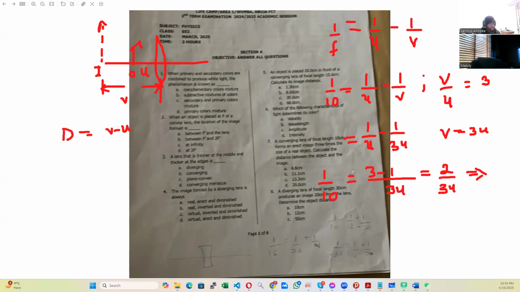So we cross multiply. We have 3u equal to 20.